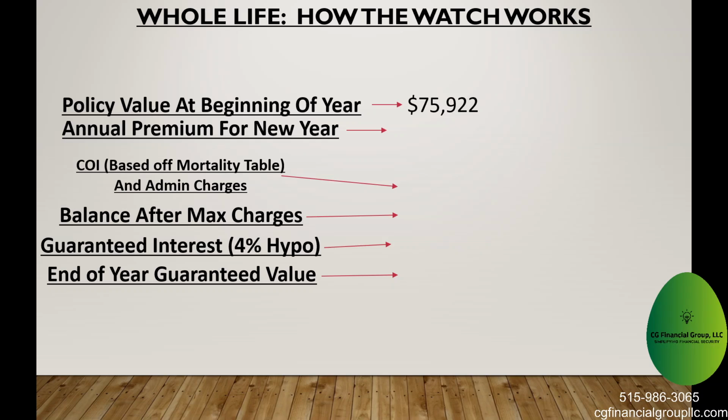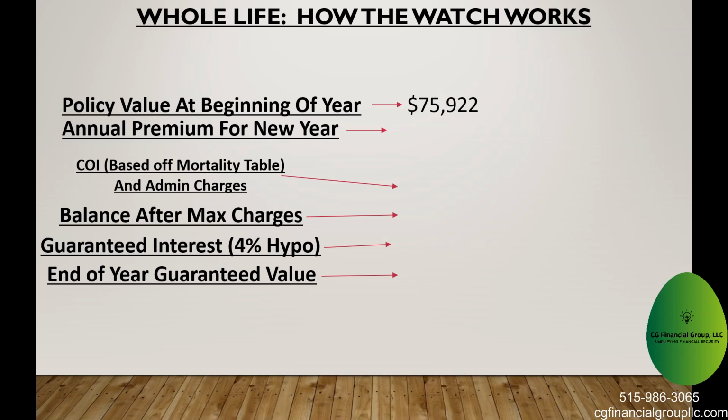So on every illustration with whole life insurance, you have two different ledgers. You have the guaranteed ledger and you have the non-guaranteed ledger. The guaranteed ledger shows the client's money going in, and then you have debits and credits that are coming out or being credited, right? What are the debits from that $75,000 in this example?